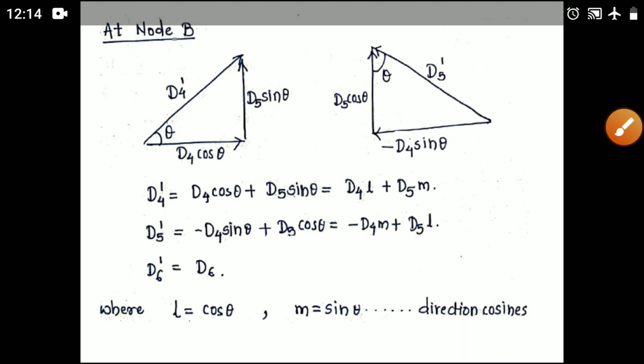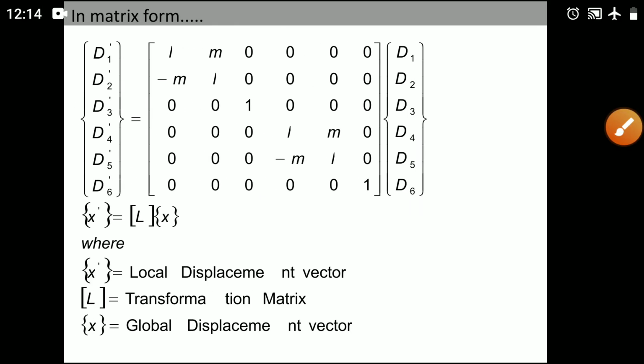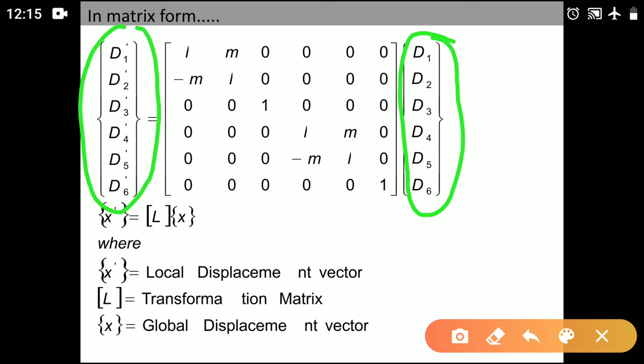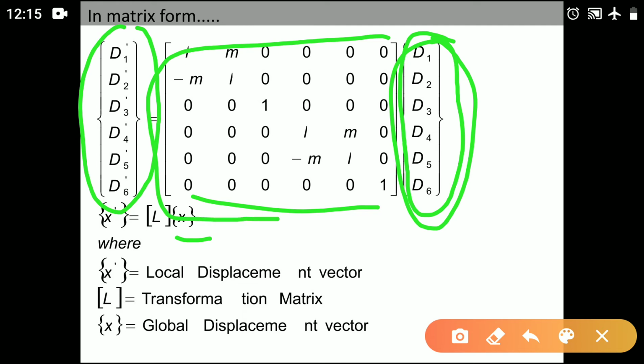Collectively we take these into the next column, d1 to d6, the next column matrix. On the equal-to side is d1 dash to d6 dash, and they come with some coefficients along with these global degrees of freedom d1 to d6. Now whatever remains in terms of sin theta and cos theta is exchanged into L and M. Now these coefficients form this matrix L.